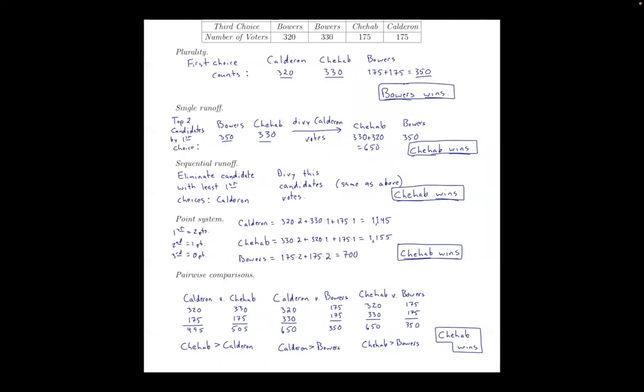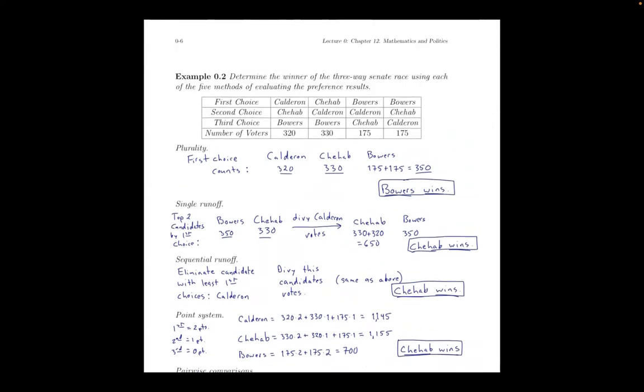Now, the last situation is pairwise comparisons. So this is where we go through and we pit each candidate against the other. So first, Calderon versus Shihab. Okay, well, what we need to look at is how many different preference schedules does Calderon win versus Shihab? So let's look back at the top, Calderon versus Shihab.